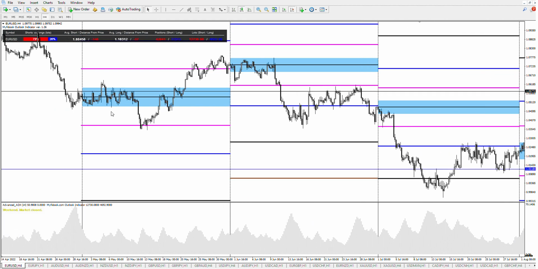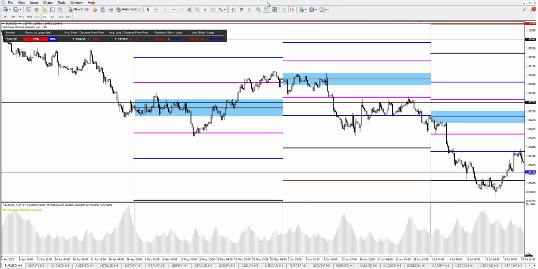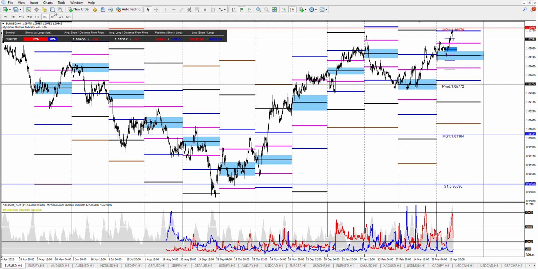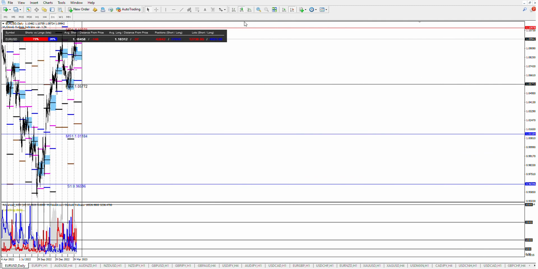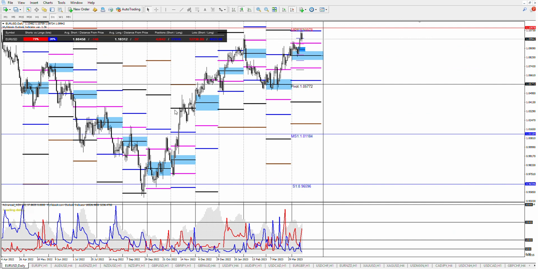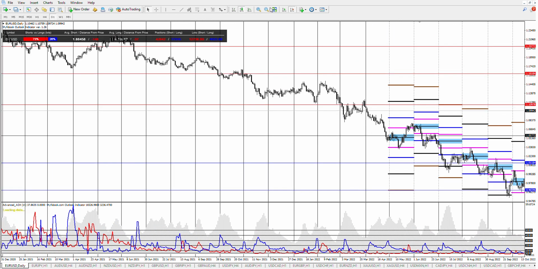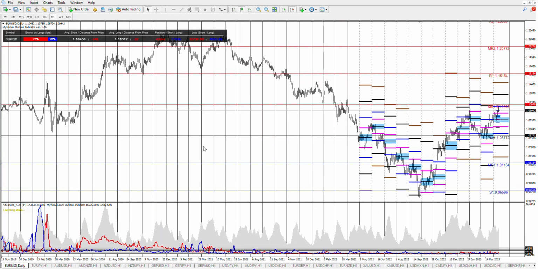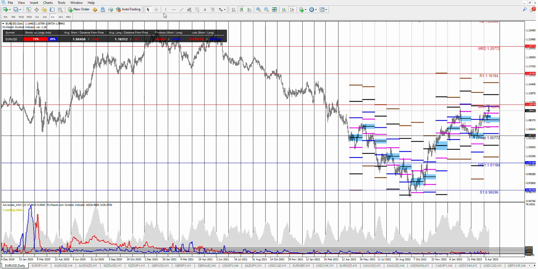So here you see Camarilla pivot points back in the past, and let's go to daily and go back in the past. See at what size they had been trading in 2020. The bulls had been trading at 71,000 lots.